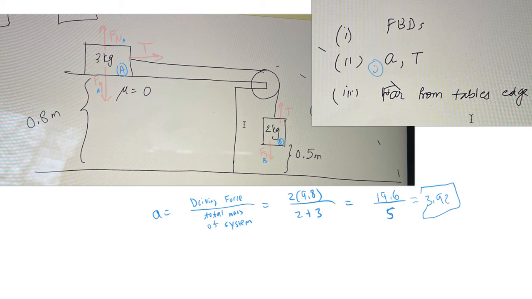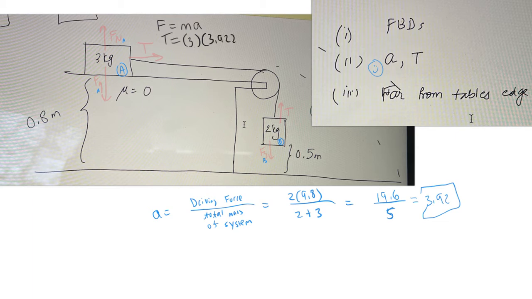So you can use the fact that the force equals mass times acceleration, and we know that the force in this case is T. The mass of the box here is 3, so that's going to be 3, and we already found the acceleration. The acceleration is 3.92.